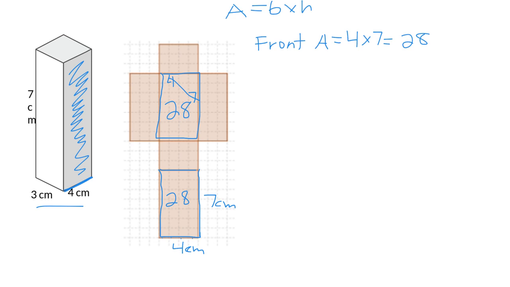Now, I'm going to call this the back face. And that is the face of the solid that would be back here that we can't see. Because we know the front and the back, they are equal. They will have the same measurements and they will have the same area. Four times 7 equals 28.